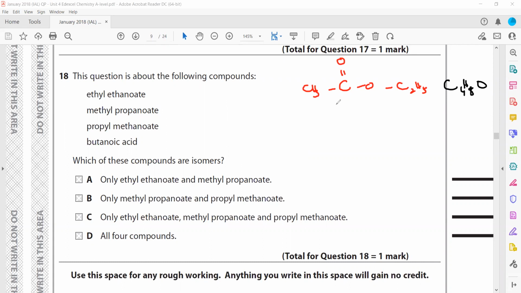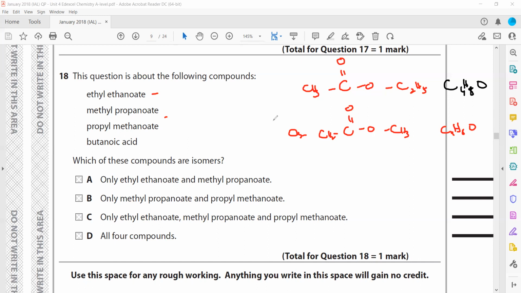Methyl propanoate: C double bonded with O and O, methyl, this is CH3, and propanoate, prop means 3 carbon, so this will be CH2 and this is CH3. So C4H8O2. So it means the first two are isomers.